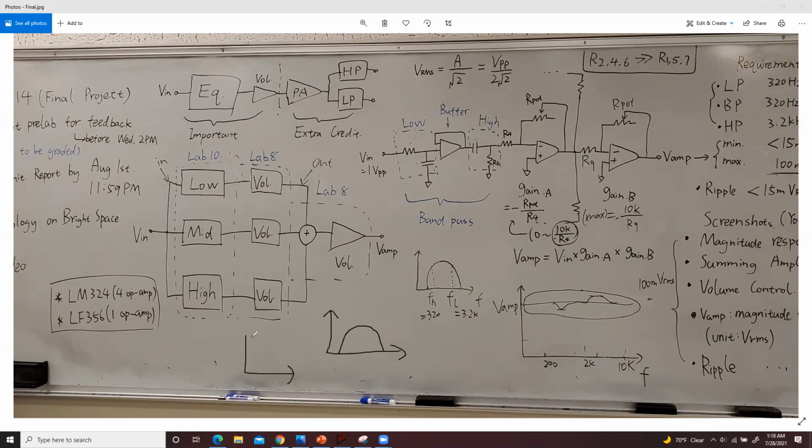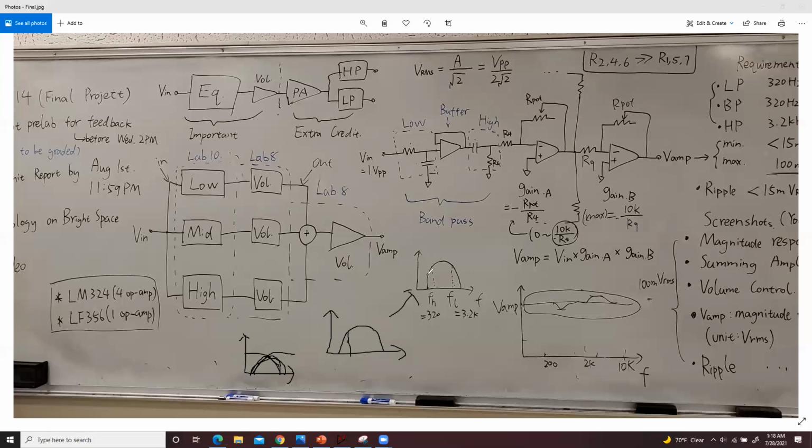Remember what I just drew: low pass filter, high pass filter, and you combine them. This part looks like this. And then the band pass filter, you have two cutoff frequencies. Actually I already drew it in here.